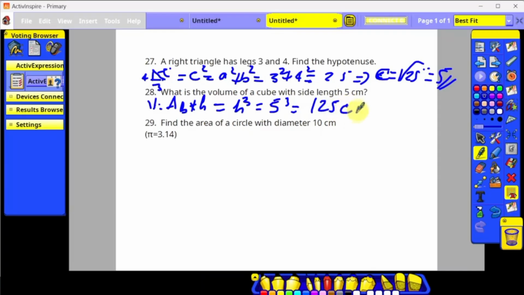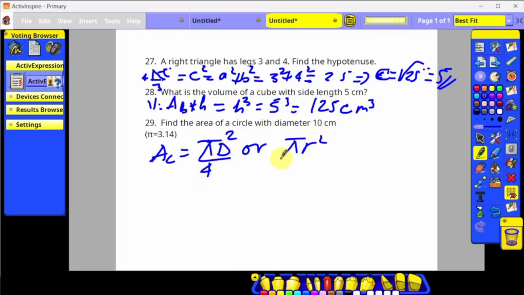Then the last question says, find the area of a circle with a diameter of 10 centimeters. Pi is equal to 3.14. Find the area. The area of a circle is given by pi d square over 4, or pi r square.